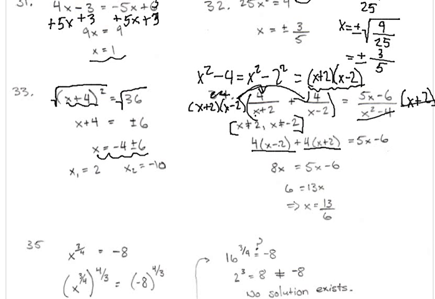Simplifying this expression leaves me with 8x, because I have a plus 2 term and a minus 2 term and a plus 2 term here. So the 8 and the negative 8 and the 8 cancel, leaving me with only 8x. And that's equal to 5x minus 6, and then it's just linear expressions on either side, and I have 13 over 6 as my final solution.